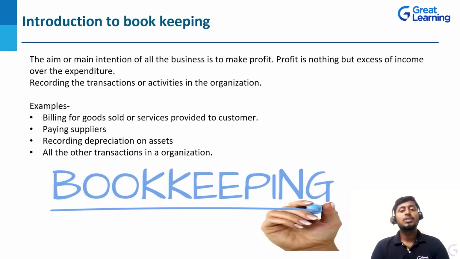Bookkeeping is also known as primary books of accounts. In general terms, bookkeeping is nothing but recording whatever activities or transactions take place. If you take the example of any company or organization, and you want to visit one person in the XYZ department, the security is not going to allow you directly, correct?